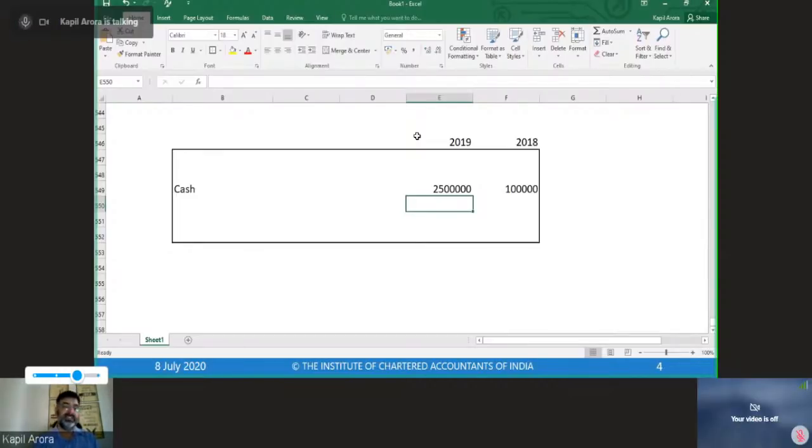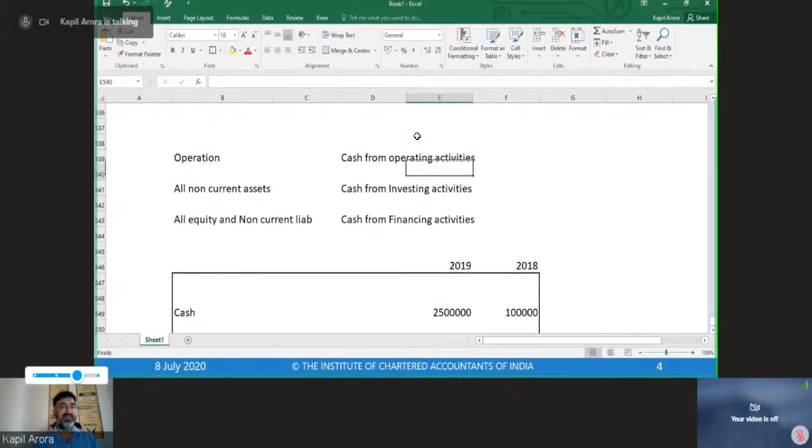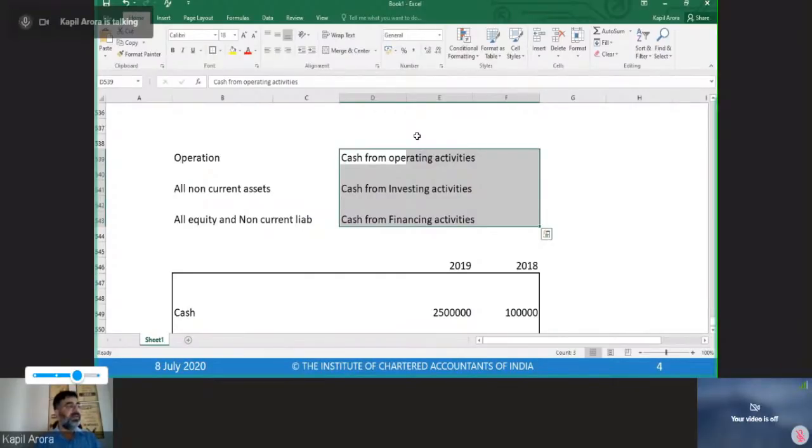Now, coming back to the question, can we say that this company is performing very well in terms of cash? This looks great, from 1 lakh to 25 lakh. But why do we have these three categories, why do we not have a single one?